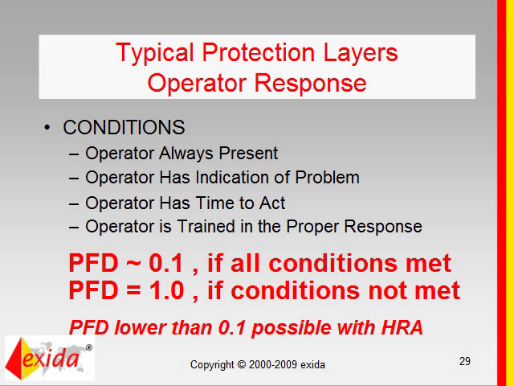We've seen it quite a bit in the nuclear industry, where operators are trained every month in a complete mock-up of a control room, looking identical, up to the coffee pot and the level in the coffee pot, to the normal control room, and where they're subjected to all possible deviations. I can see that you can claim a lower probability of failure than the standard 0.1 in a situation like that.